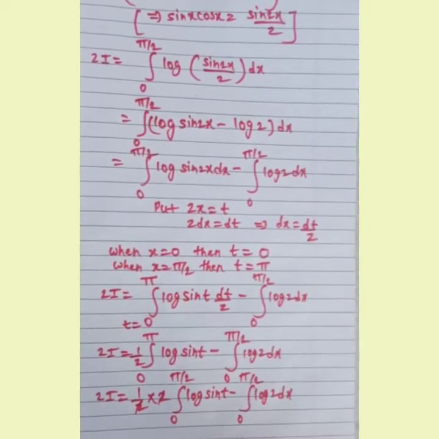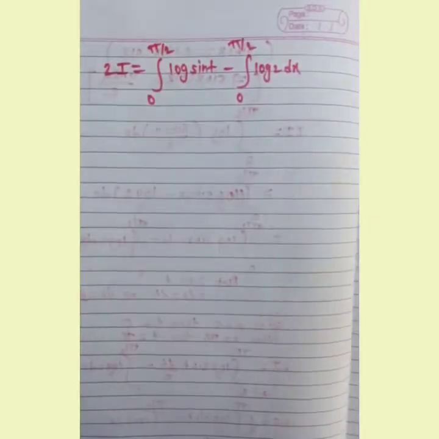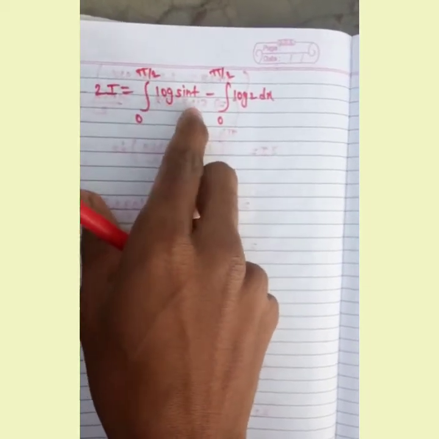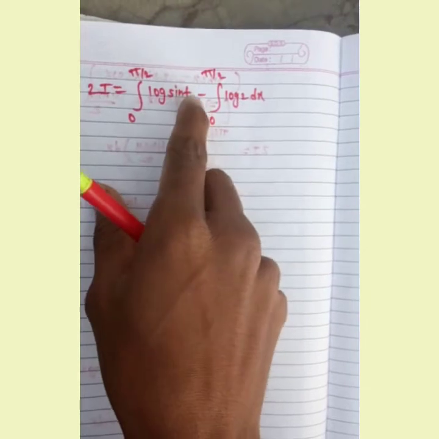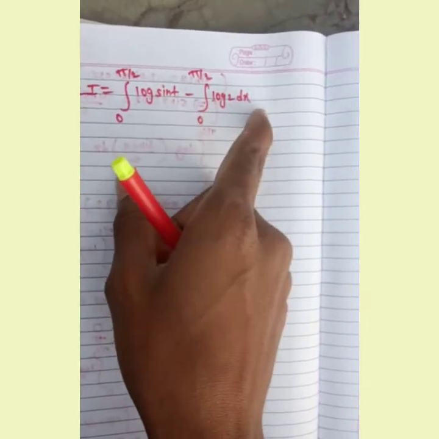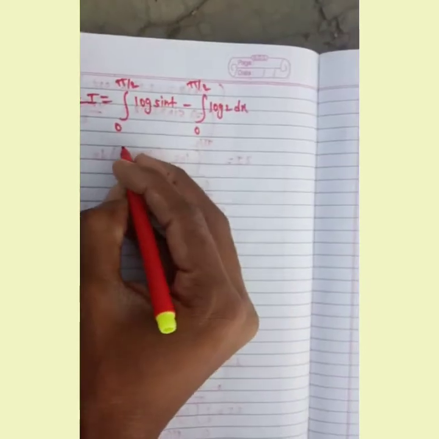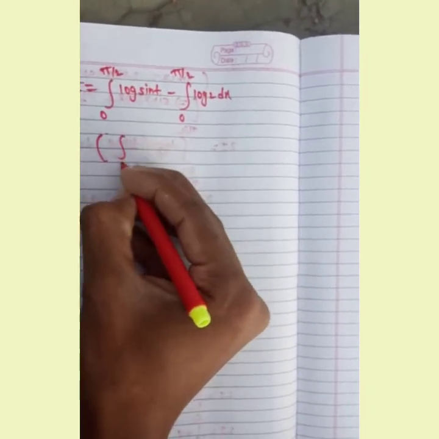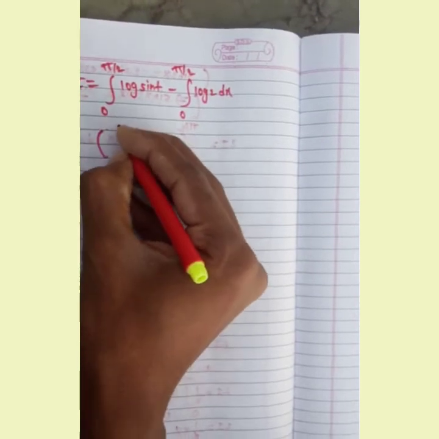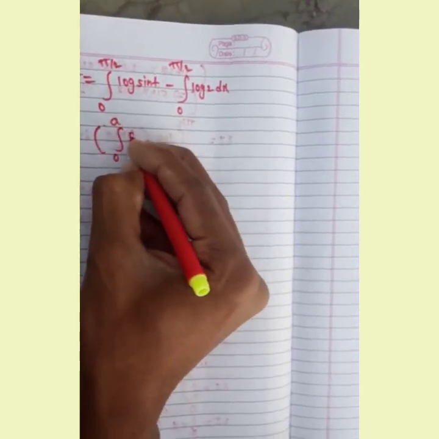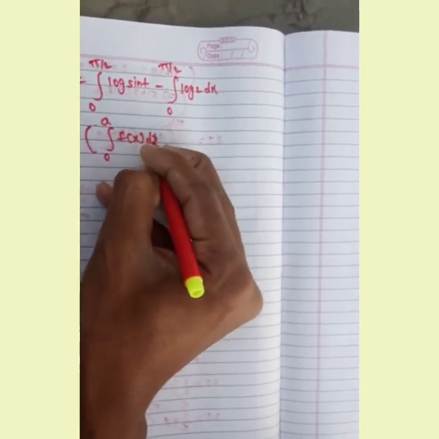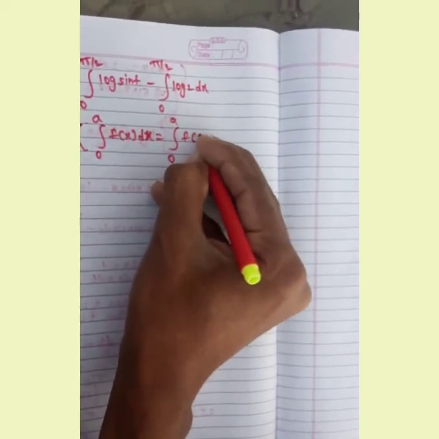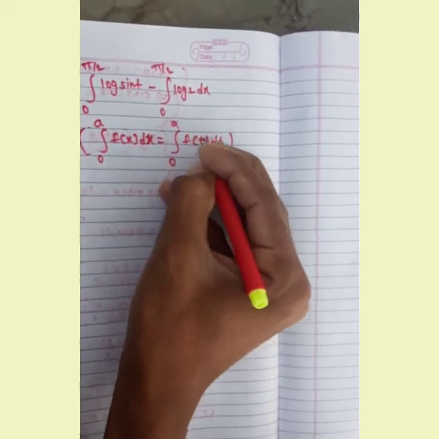Now in the next step we will write I equals integration from 0 to pi by 2 of log sin t minus integration from 0 to pi by 2 of log 2 dx. Now again we will use one of the properties of definite integral, that is, integration from 0 to a of f of x dx equals integration from 0 to a of f of t dt, in this case.